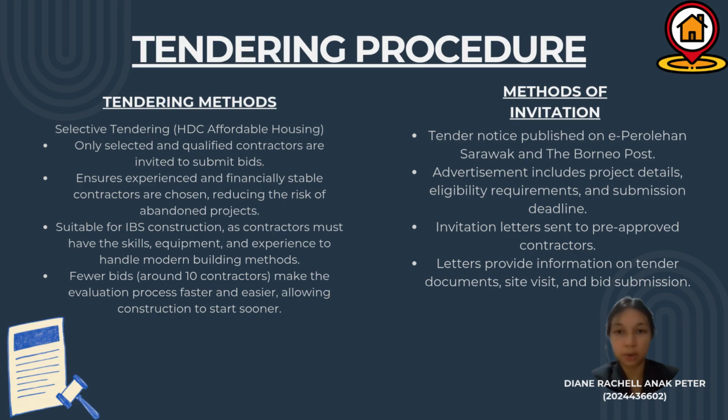This protects the project because it makes sure the builders are financially stable, reducing the risk of an abandoned project. Also, they must have the specialized skills and machinery to handle modern IBS construction. Plus, dealing with fewer bids can make our evaluation process much faster so construction can start sooner.